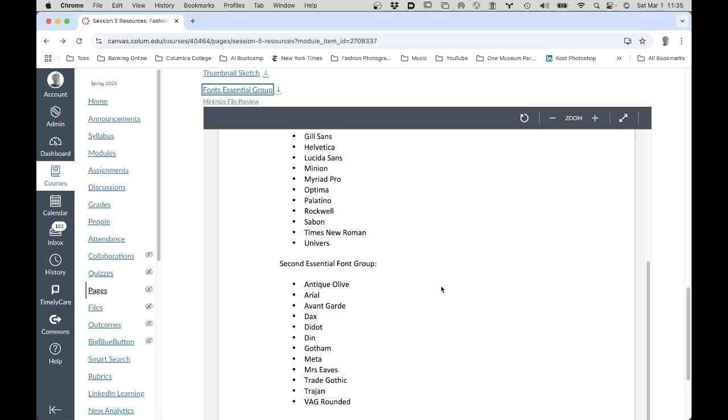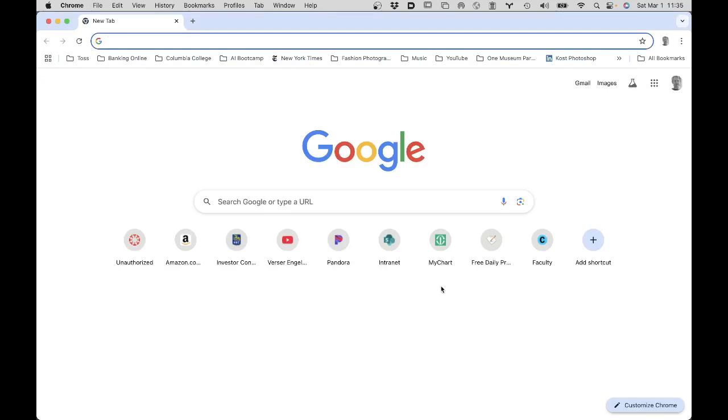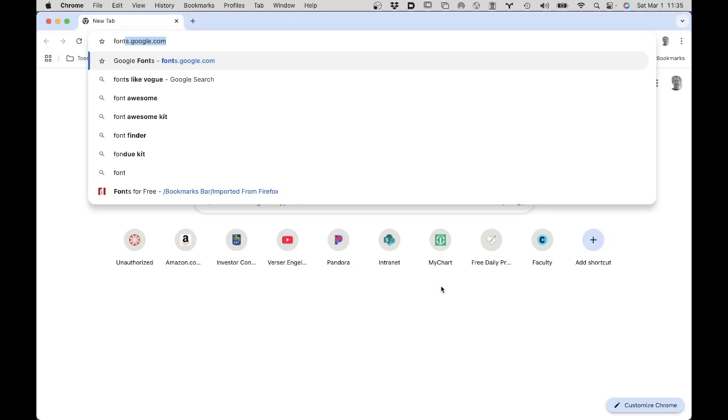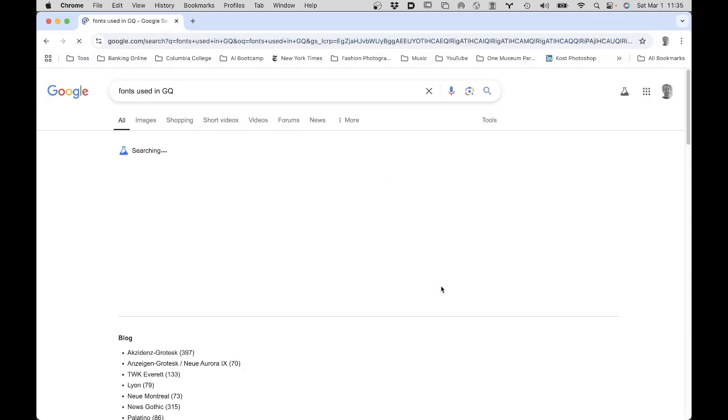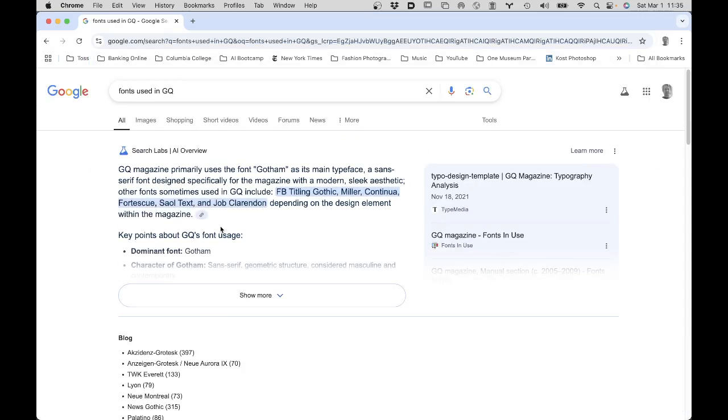We'll see if we can find one. So again, just do a search for fonts used in GQ. And it'll get you, here are the fonts that GQ uses: Tilting Gothic, Miller, Continua, whatever. All of these are right here.